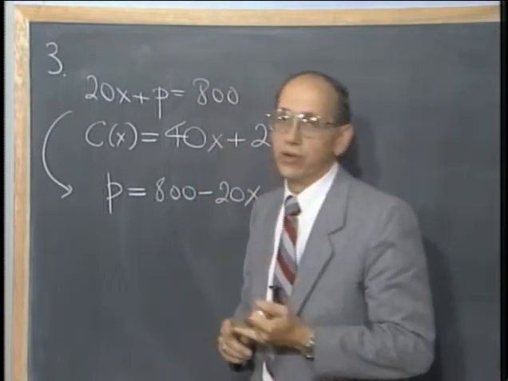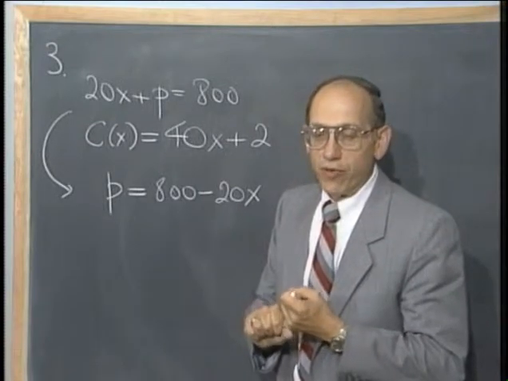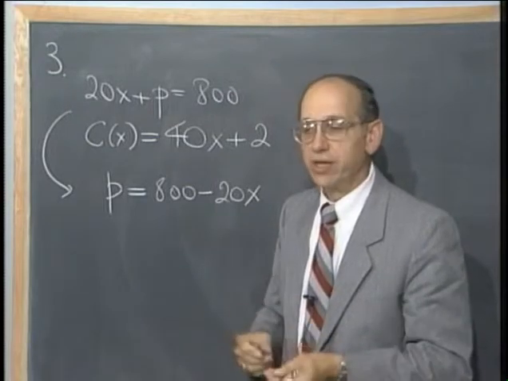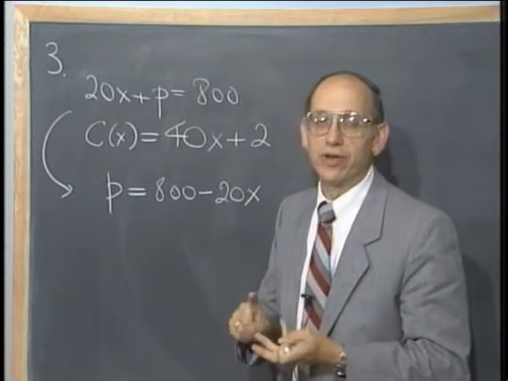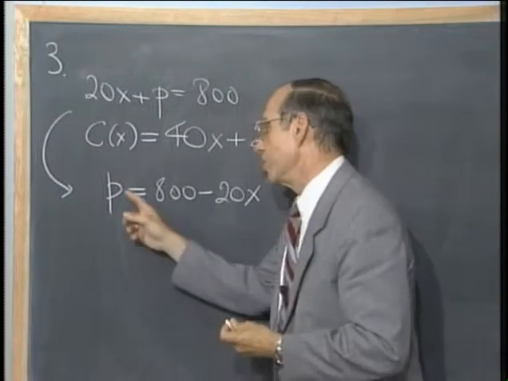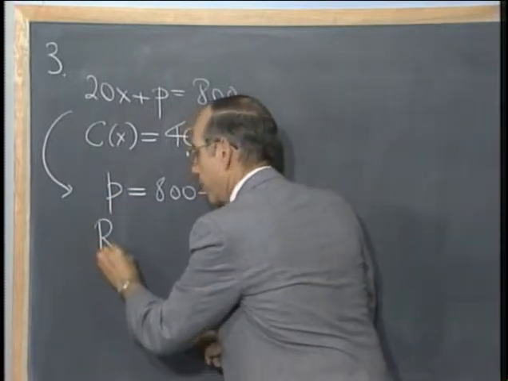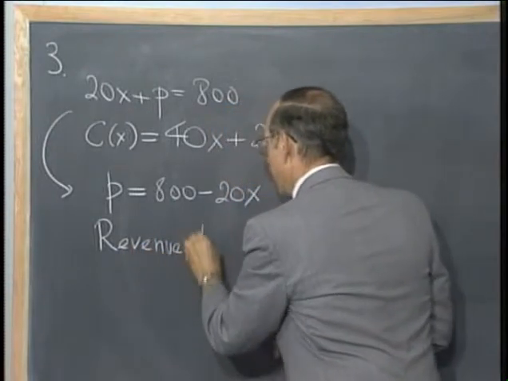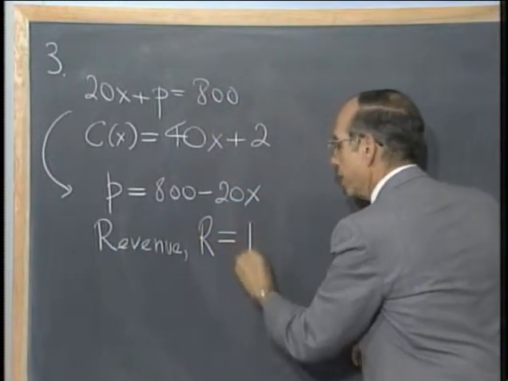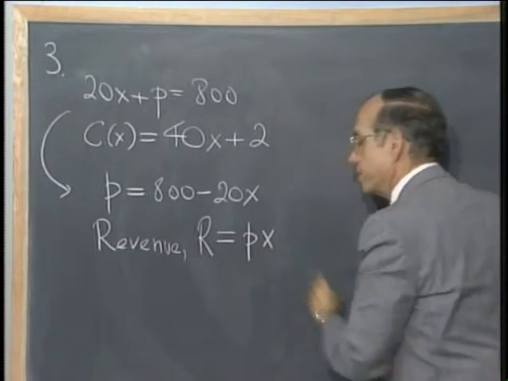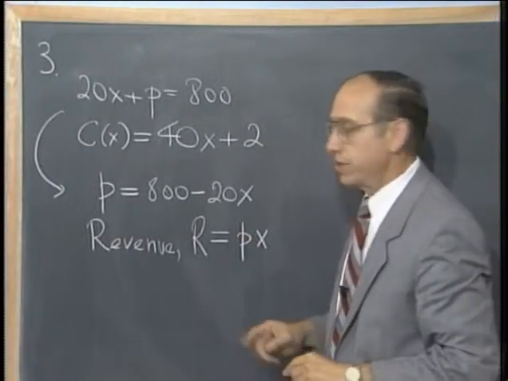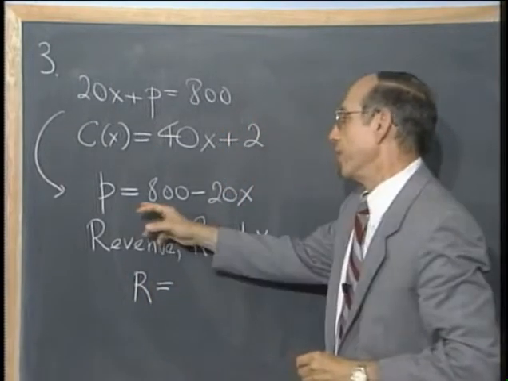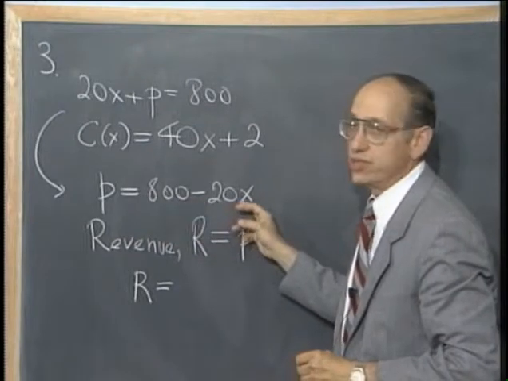Now, what is revenue? Revenue is the number of items you sell times the price per item. That is, the amount of money that comes in is whatever you pay for an item times the number of items. So the revenue R is equal to P, the price per item, times x, the number of items. Therefore, the revenue is equal to, well, P, you see, is 800 minus 20x.